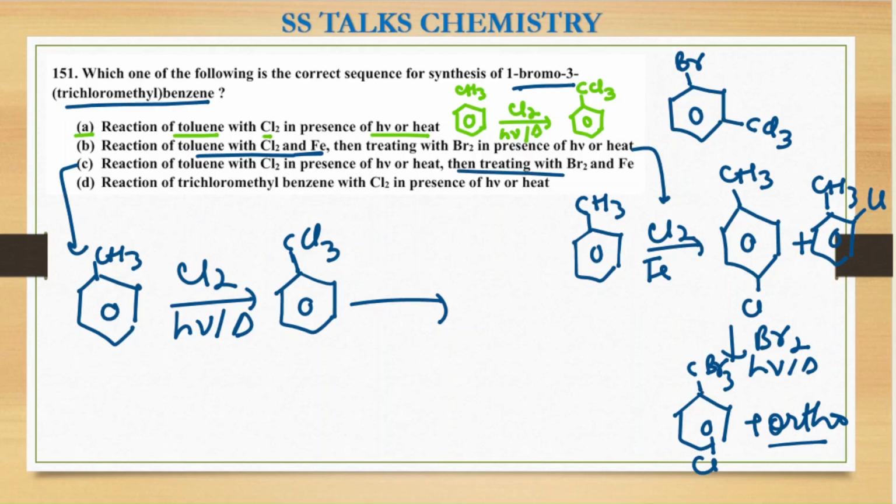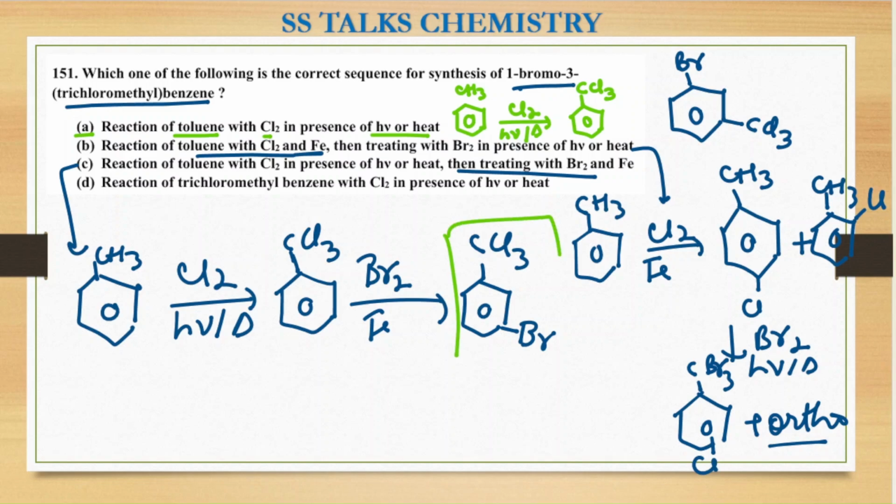Further, the treatment is done with bromine in the presence of iron. This will do bromination on the benzene ring, and the CCl3 group, being an electron withdrawing group, directs the electrophilic substitution to the meta position.